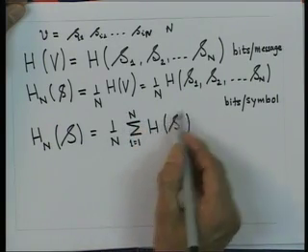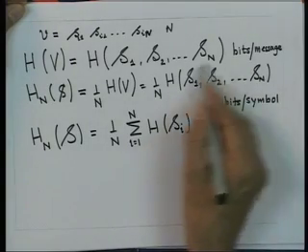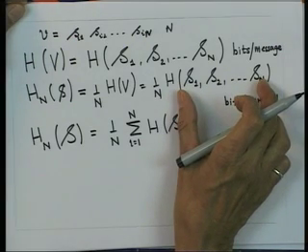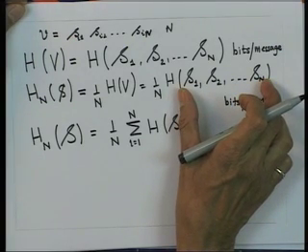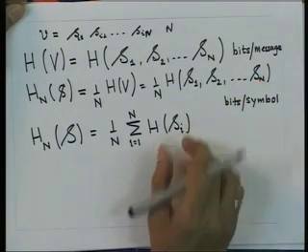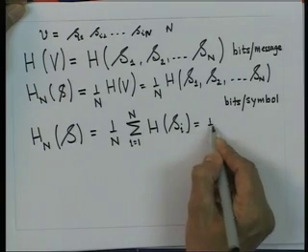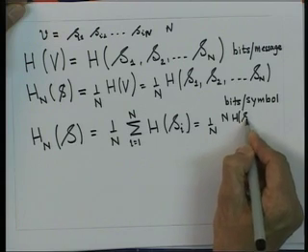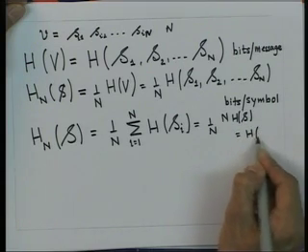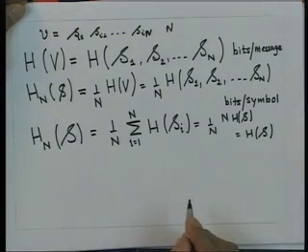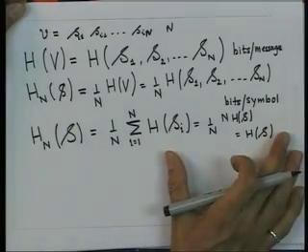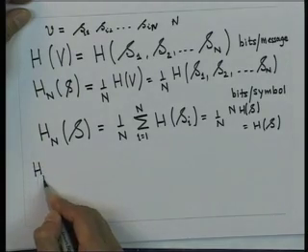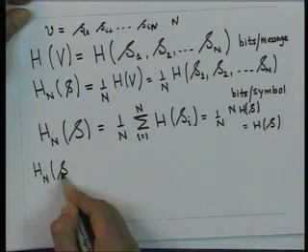This expression I can write provided the symbols in this message of symbol length N are independent, and in that case I can simplify this to be H of S. Now, if the symbols are dependent, then I cannot write like this, and then I can go to a more fundamental definition.